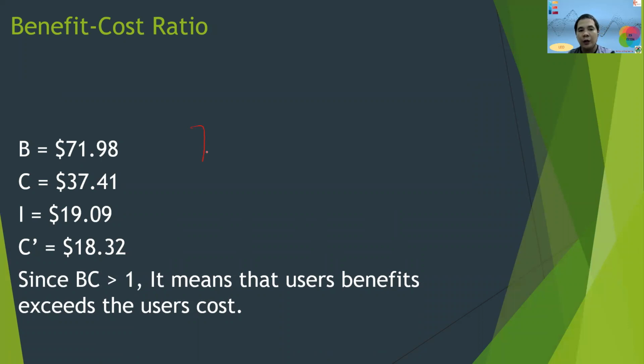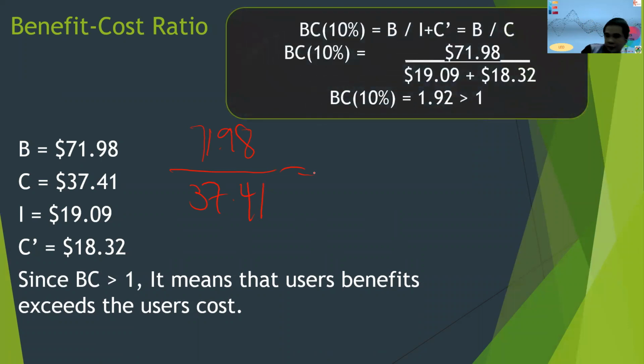So that is 71.98 divided by C at 37.41. I'll get my calculator. So the BC ratio at the 10% interest rate is equal to 1.9. That means your benefit is almost 2 times your cost.